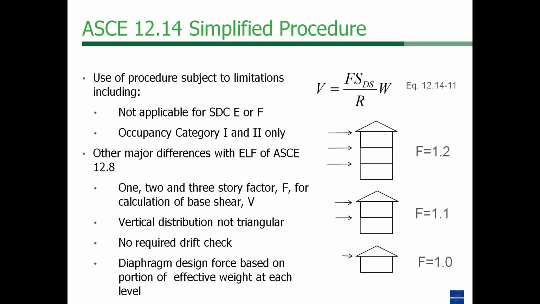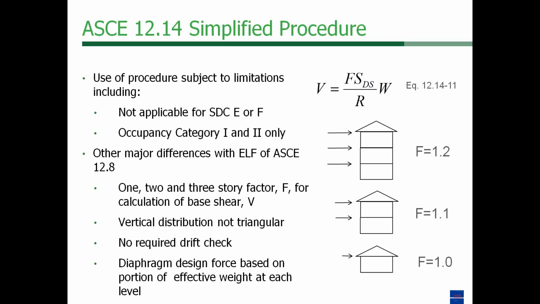We just have simple factors based on 3-story, 2-story, and 1-story conditions. There's no required check of drift, which simplifies things. Diaphragm forces are also based on effective seismic weight on each level, and that also simplifies things greatly.